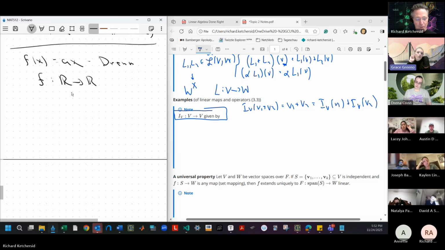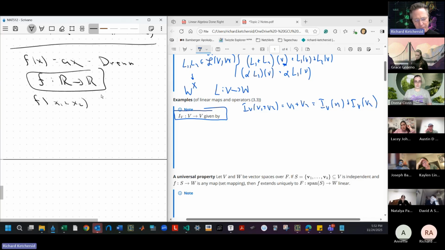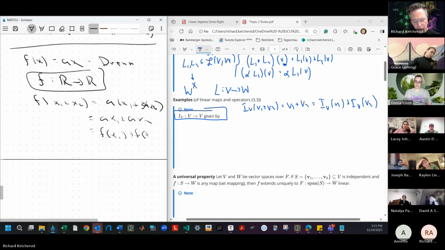Maybe it's actually worth checking, just to make sure. So if I put in x1 plus x2, everyone should tell me what the domain and range is that you're giving me too. But this is going to be ax1 plus ax2, but that is f of x1 plus f of x2, right?